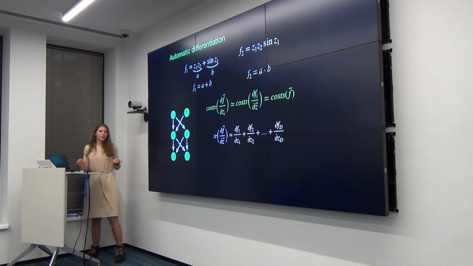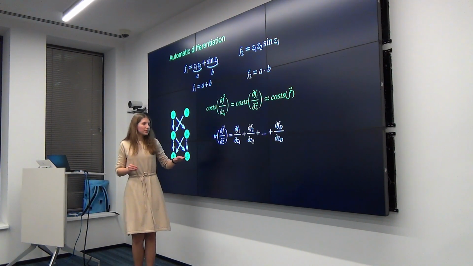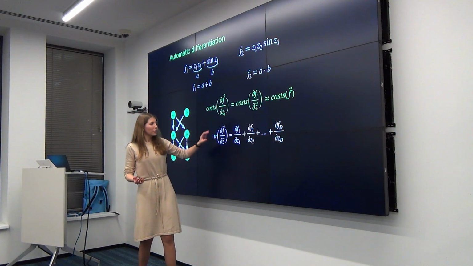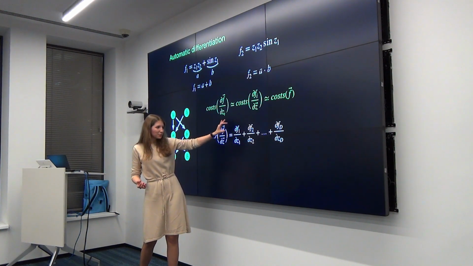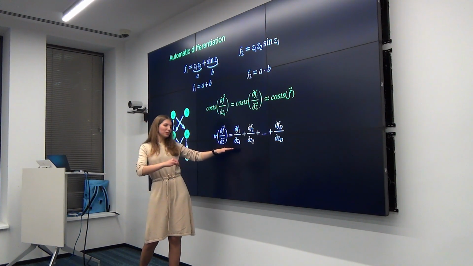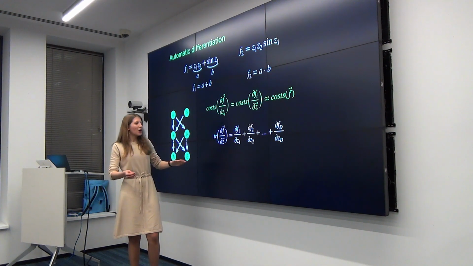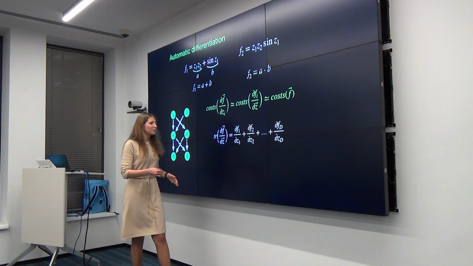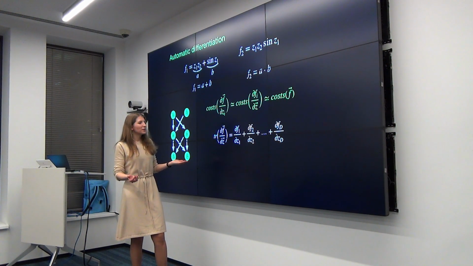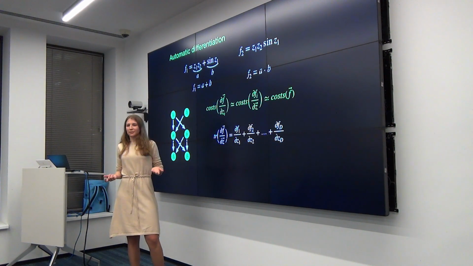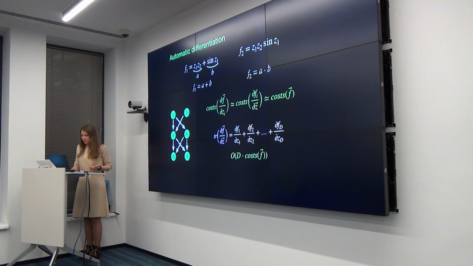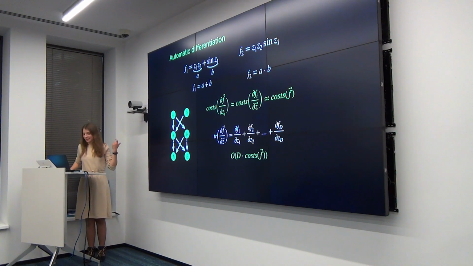Okay, but to compute the trace, we need separate derivatives for each component of the input by the same component of the output. We can use this approach, but in all these ways we need d forward passes.